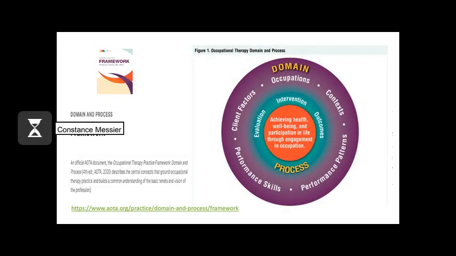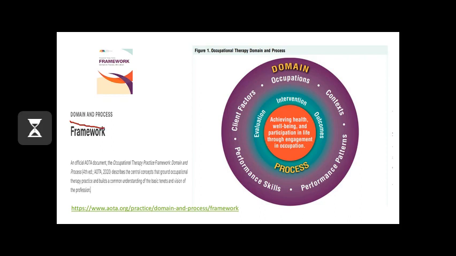The Occupational Therapy Practice Framework is our guiding document. This is what tells us where we work and what we do. So, legislation opens the door for areas for us to provide intervention. But this, the practice framework, defines what we do. And you're going to see when we talk about the framework, we say domain and process.